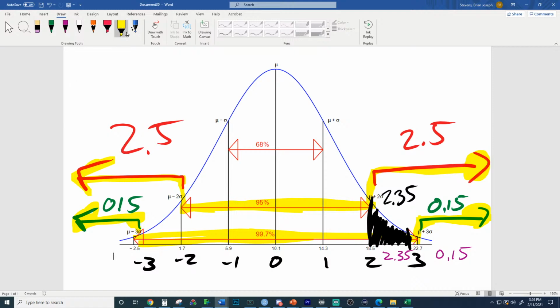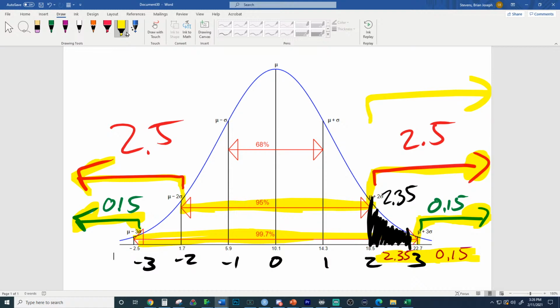What do these two areas add up to down here on the bottom? You can see how we get it because we can subtract off the 0.15 from 2.5. Those two areas, 2.35 and 0.15, add up to the 2.5.